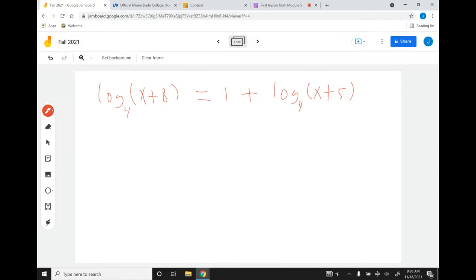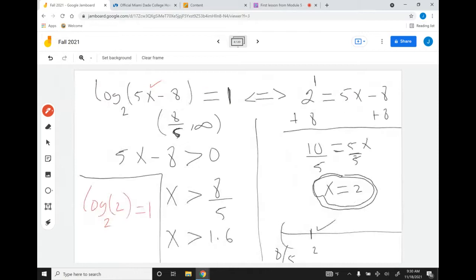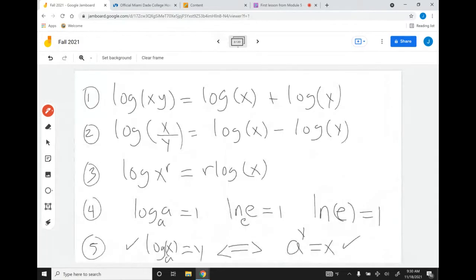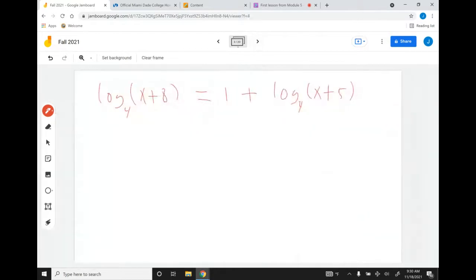Okay, so this is how we're going to approach this. Our goal is to have them on the same side. We're going to have something like this, you see? Because if we do, then we know that we can write it in a single log. That's why we learn these properties. So the first move I'm going to make is that I'm going to write all the logs on one side.